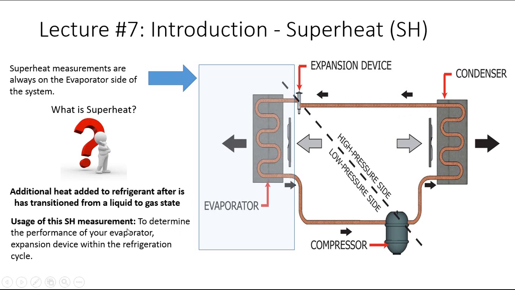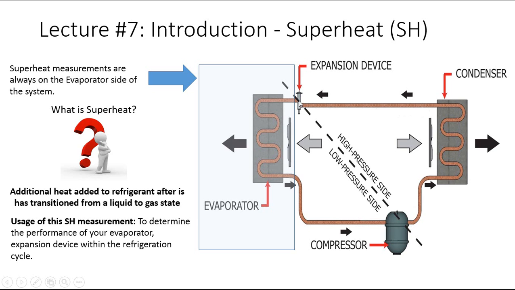All right, and some of the benefits are that you're going to understand the performance of your evaporator here. You're going to know how much of your evaporator you're actually using, and it'll also help you determine, let's say for example, that your expansion valve is misbehaving. We're going to cover this in the next slide.